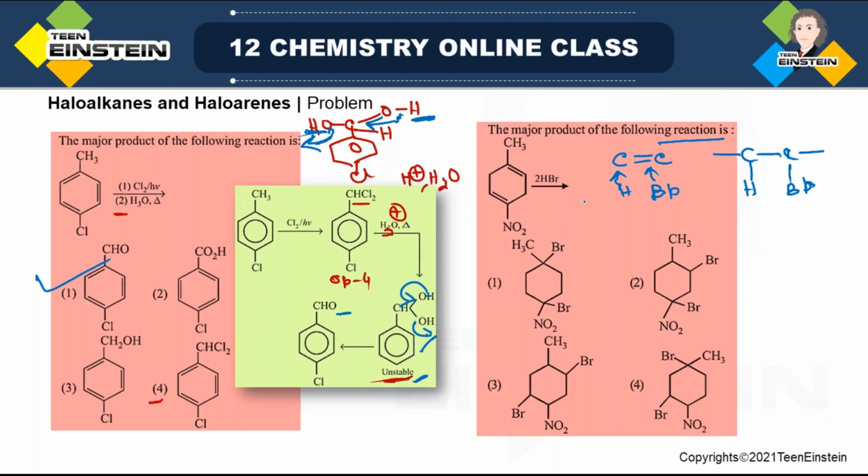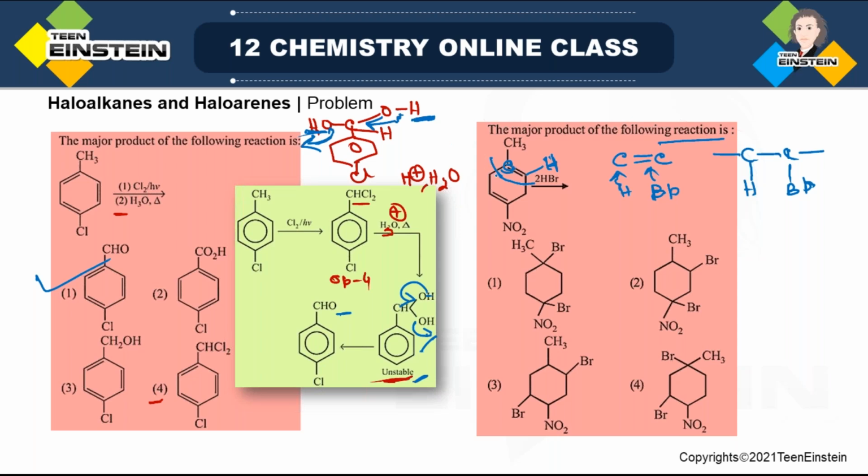Now if we follow Markovnikov rule, just focus on this part first. This is not a symmetrical alkene. Now this carbon which is attached to methyl is less substituted, meaning here you do not have any hydrogen, but here you have hydrogen. And according to Markovnikov, the negative part will be added to that carbon which contains the lesser number of hydrogen.